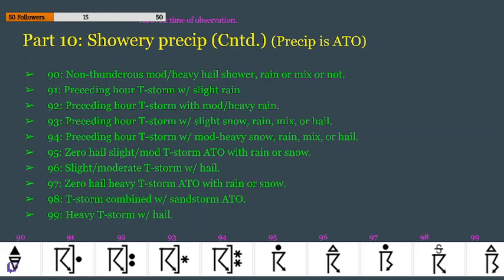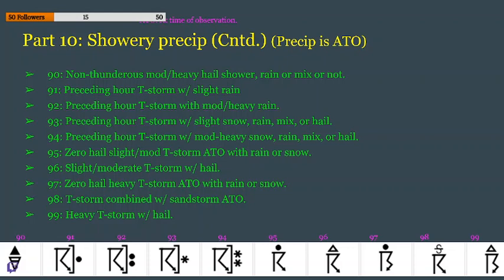But I digress. We are in the final stretch. This is the last one of all these weather symbols. I don't have anywhere else to cover these guys. I have to cover them here. Moving on from the bastardization that is number 90. Number 91 was a thunderstorm with slight rain that happened within the preceding hour.